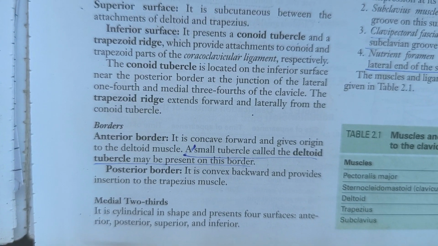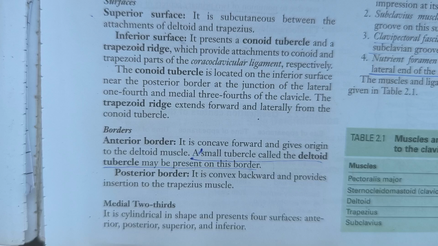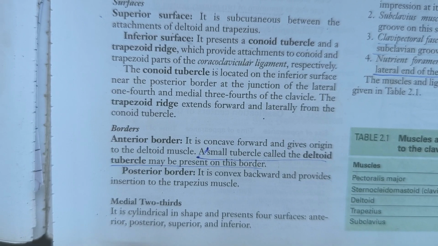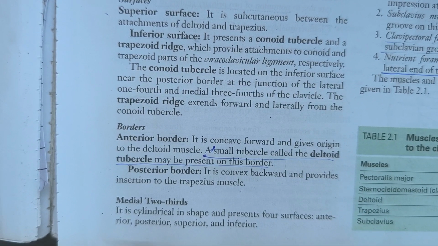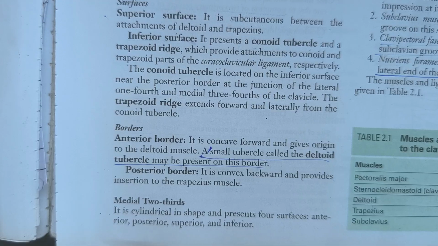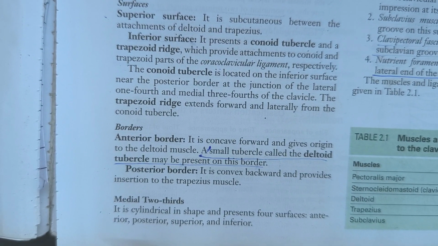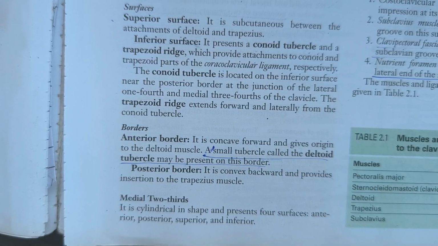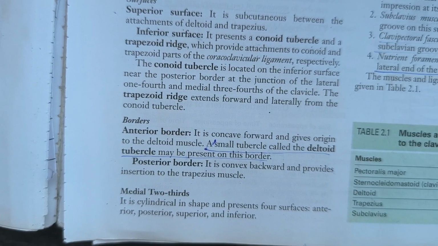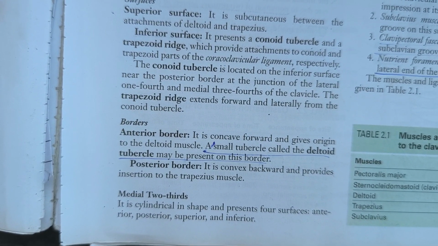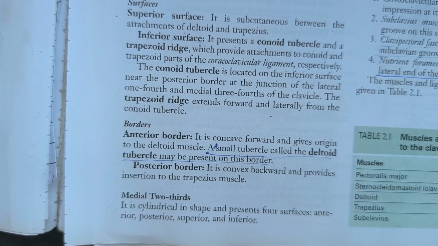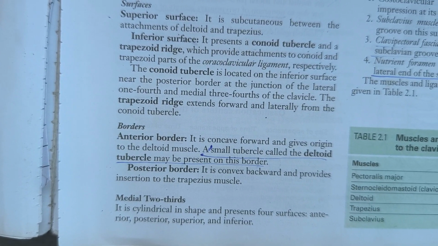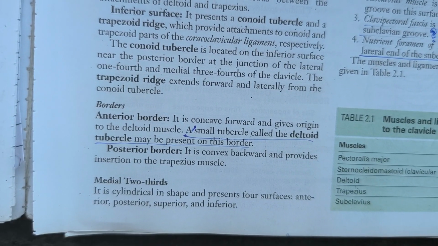Borders: anterior border is concave forward and gives origin to the deltoid muscle. A small tubercle called the deltoid tubercle may be present on this border. Posterior border is convex backward and provides insertion to the trapezius muscle.